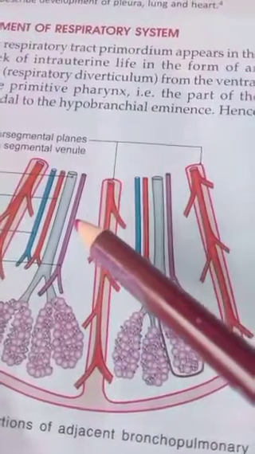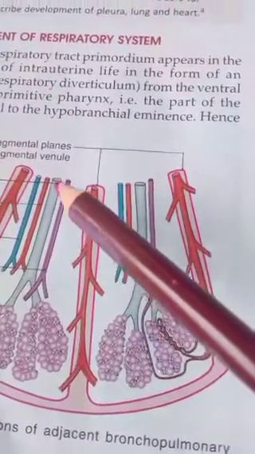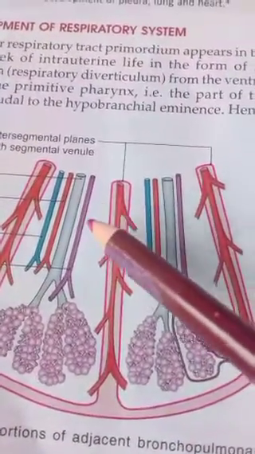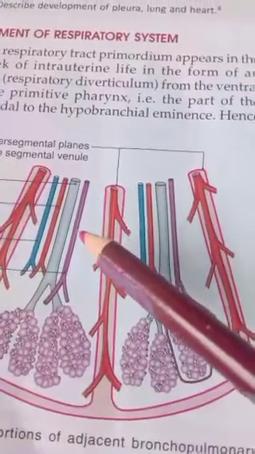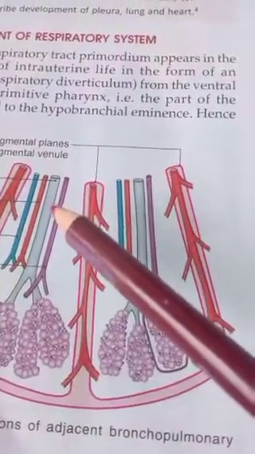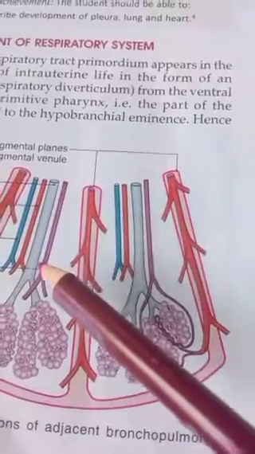The pulmonary artery and its branches accompany the bronchus. The artery lies dorsolateral to the bronchus. Thus, each bronchopulmonary segment has its own separate artery.